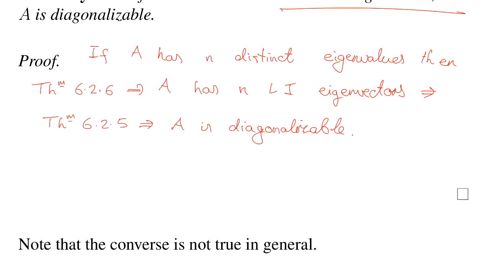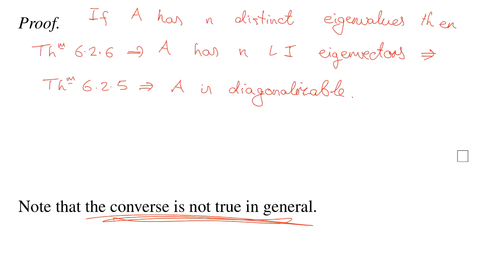Now, the converse is definitely false. You can definitely be diagonalizable with repeated eigenvalues. So there's nothing terribly special about having all your eigenvalues distinct, except that it makes life easier.